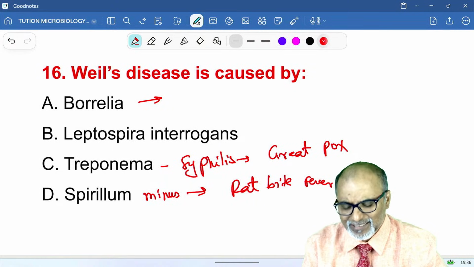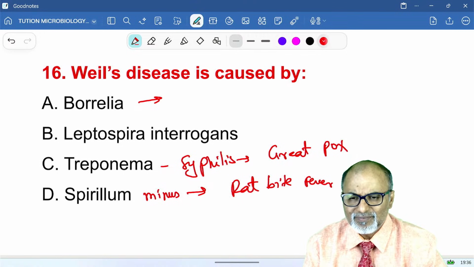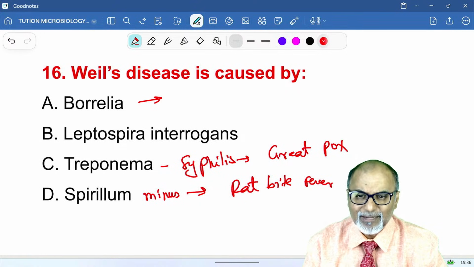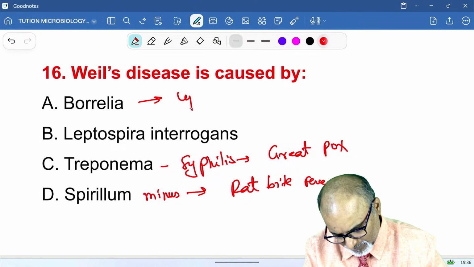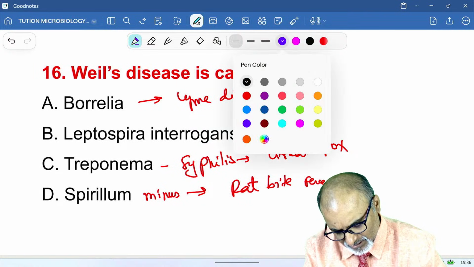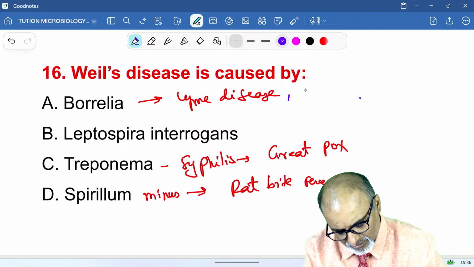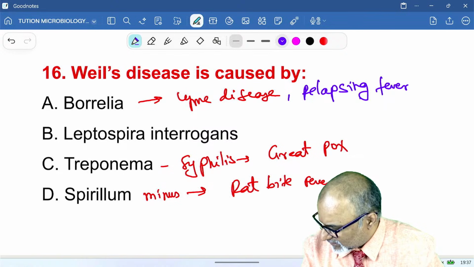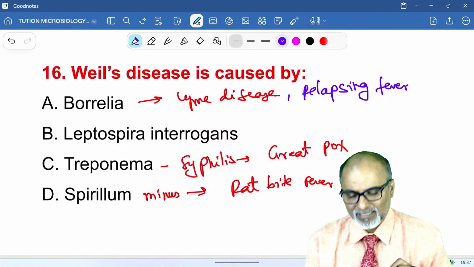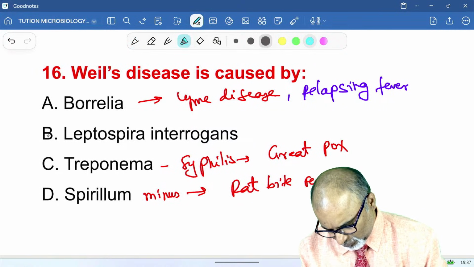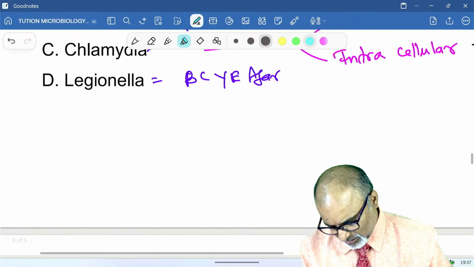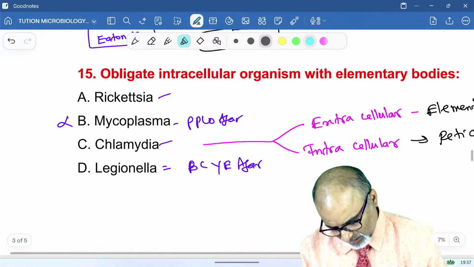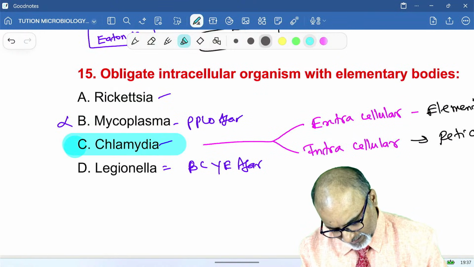Borrelia recurrentis causes relapsing fever, Vincent's angina, Lyme disease, many things. Leptospirosis, otherwise called, sorry, here the obligate intracellular with elementary body is Chlamydia. Answer is Chlamydia.